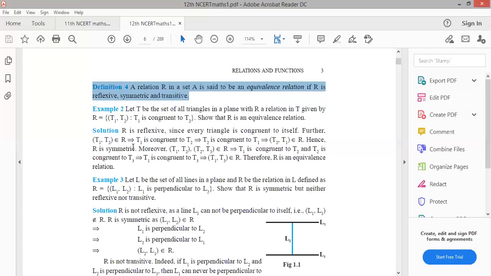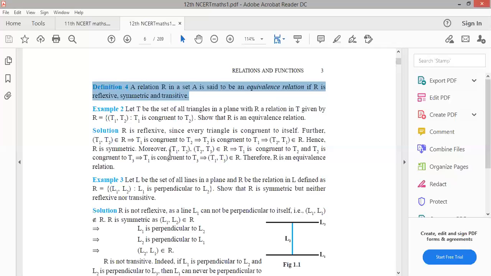If T1 is congruent to T2, you know every triangle is congruent to itself, so it is reflexive. If triangle T1 is congruent to triangle T2, then T2 is also congruent to T1. Yes, that is symmetric.